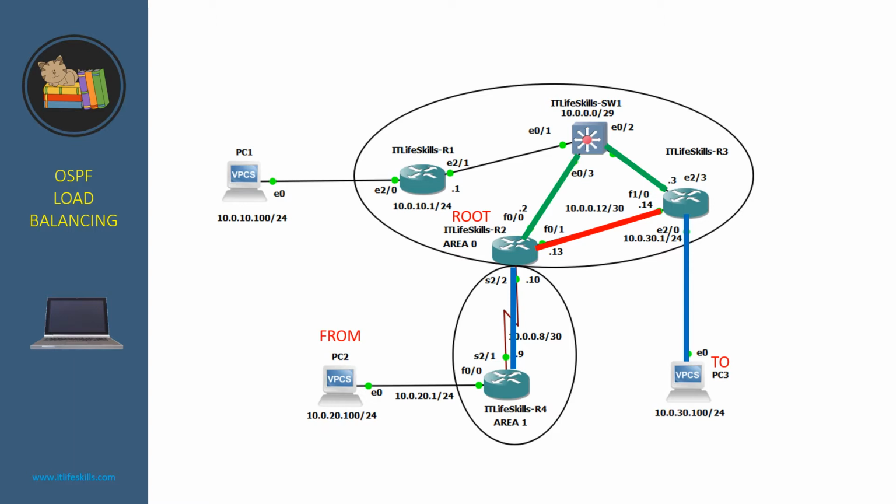For example, the interfaces F0/0 and F0/1 on IT Life Skills Router 2 have the same cost of 10. Therefore, OSPF will load balance between the two links for any traffic destined to the destination subnet 10.0.30.0/24.